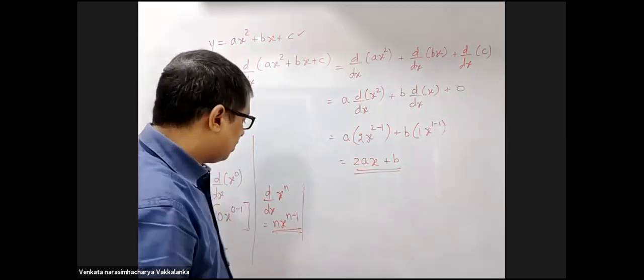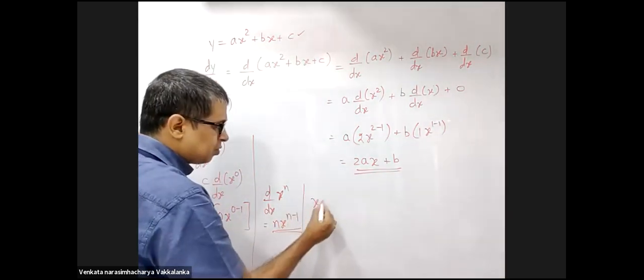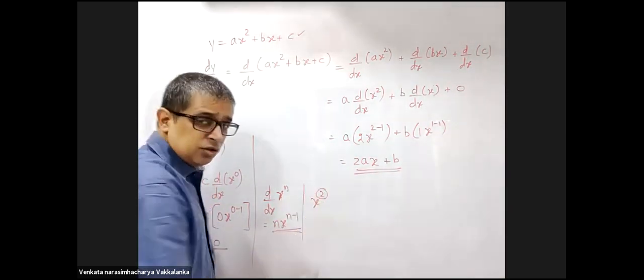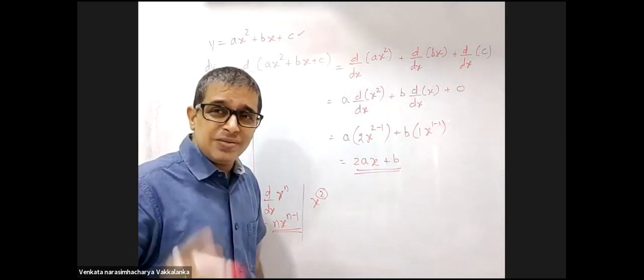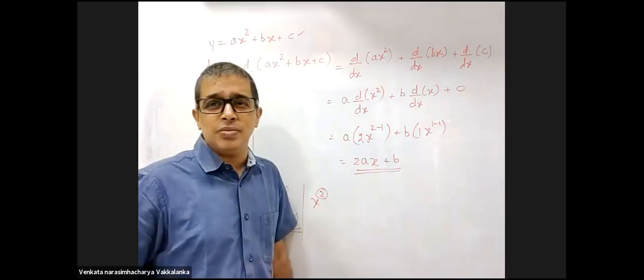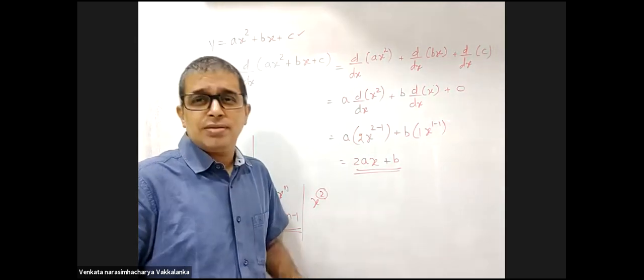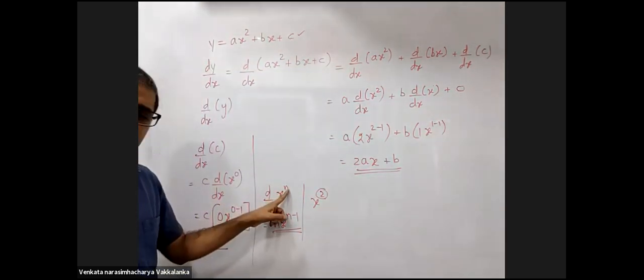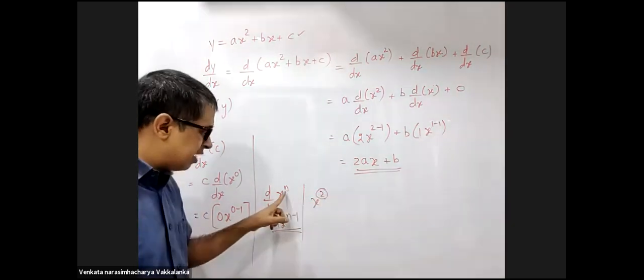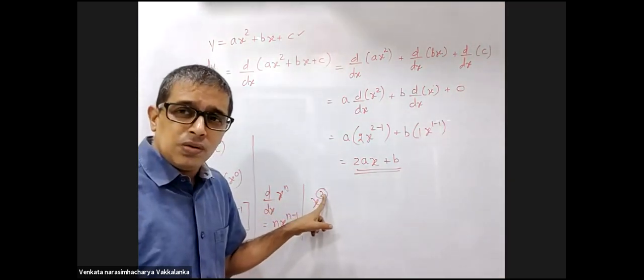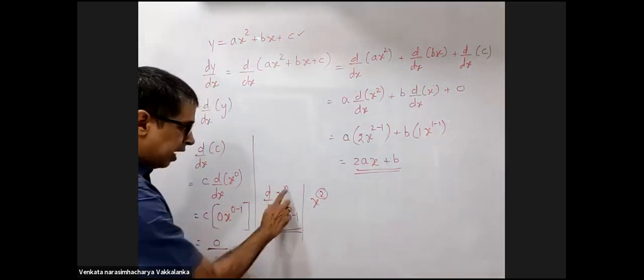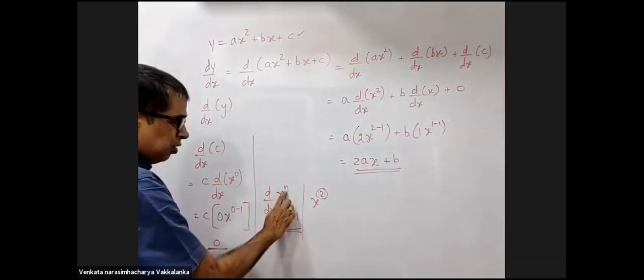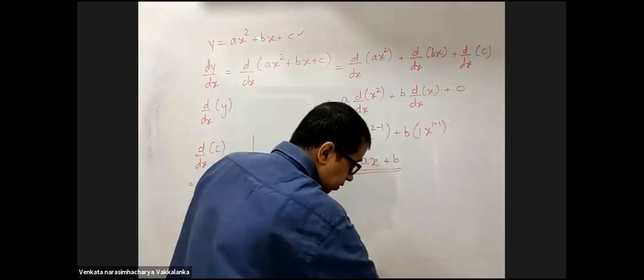The raised power is n, and the given power is 2. You are asking me how n is 2. For x cube, n will be 3. For x to the power 4, n will be 4.